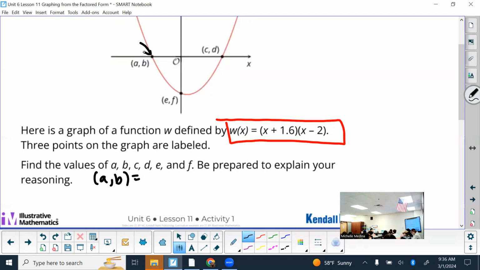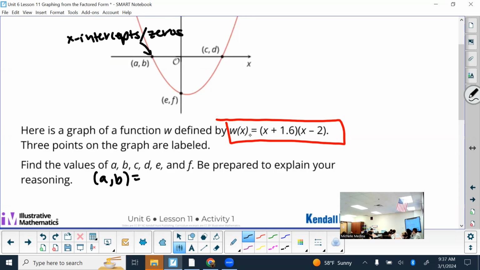Well, it is on the negative side. What do we call it when it touches the x-axis? And then class, what's another word for x-intercepts that we learned this unit? Zeros. Okay, good.